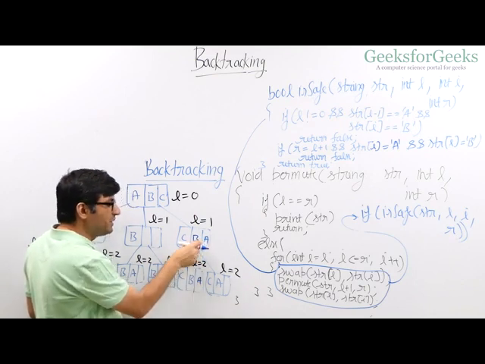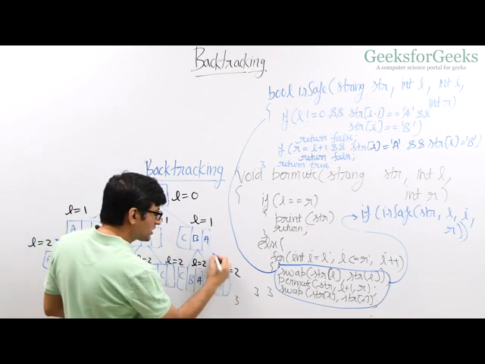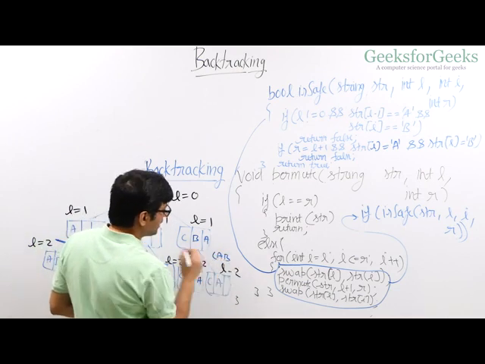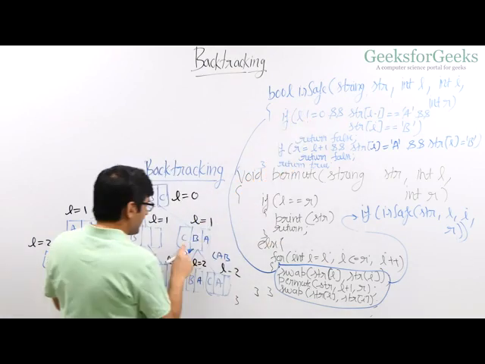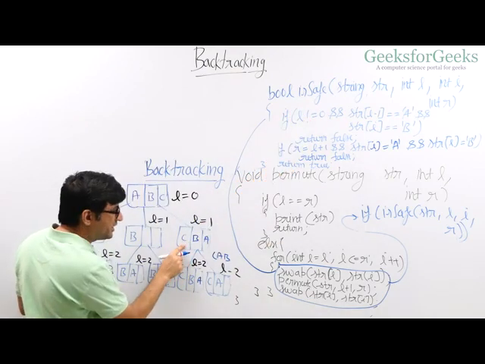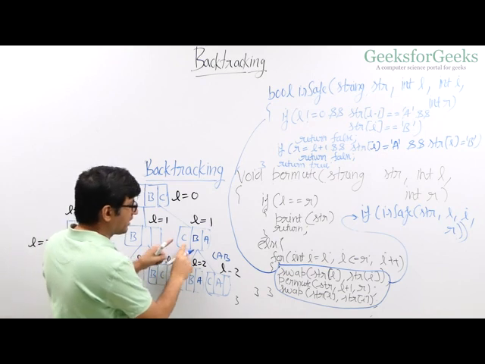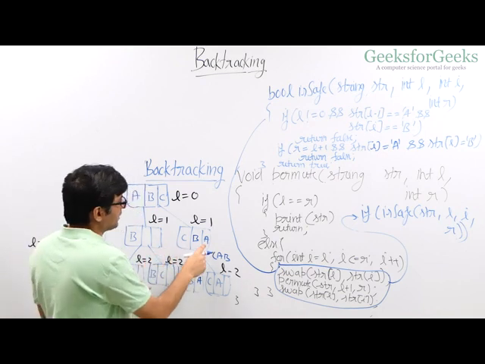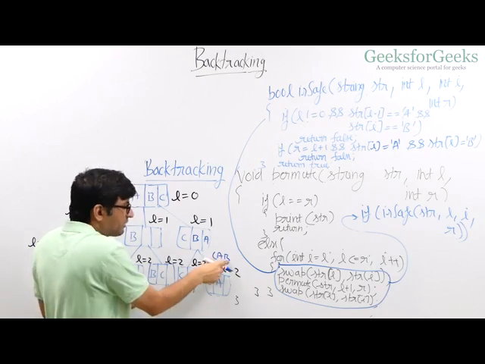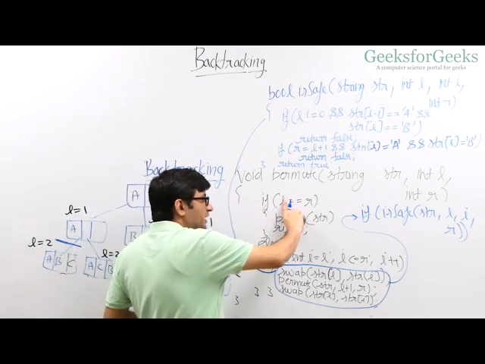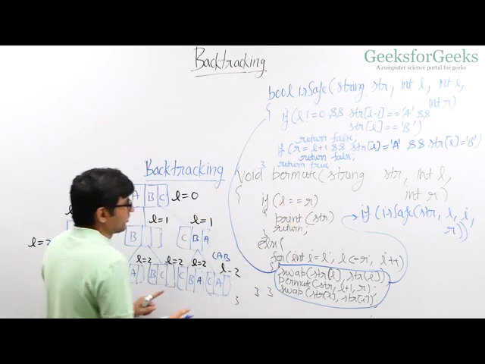Then when you swap B with A, the string becomes CAB. This is not caught by this part, because the character at L minus 1 is C and the current character with which you are going to swap is A. So you go inside the if and do the swap, and when CAB comes, you don't check any condition here, you print CAB, which is not a valid string.